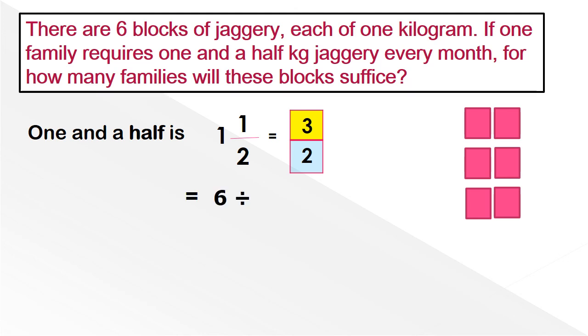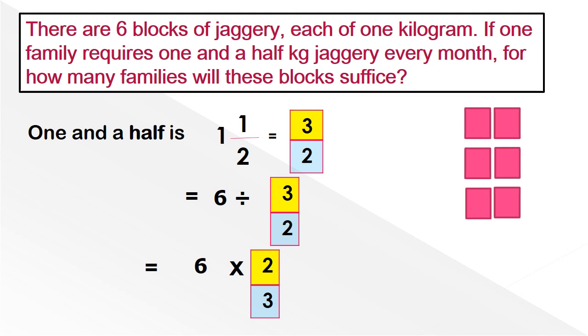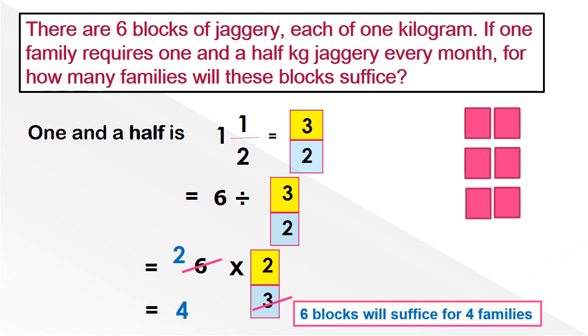So 6 divided by 3/2. Now this is a division. So what does the rule say? Keep, change, flip. So 6 into 2/3, the reciprocal of 3/2. 3 2s are 6. 2 2s are 4. And hence we can say 6 blocks will suffice for 4 families.